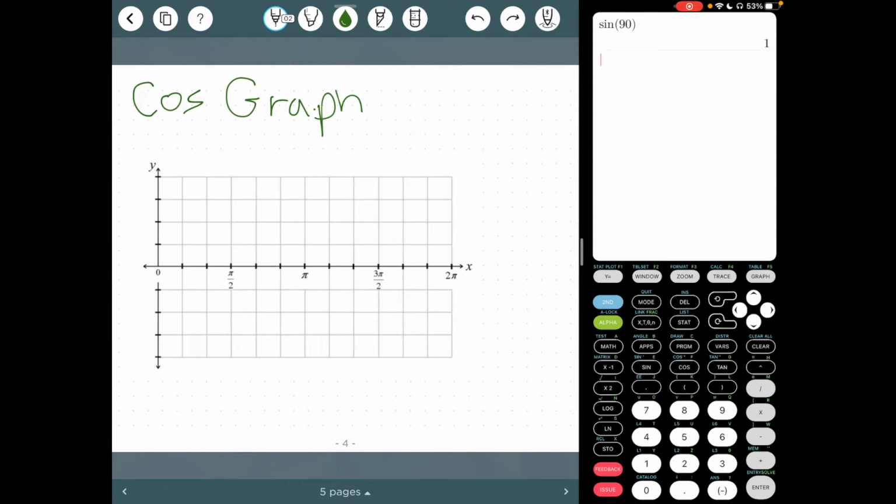Okay, the cosine graph always starts at 1, and it switches directions just like the sine graph every half pi.